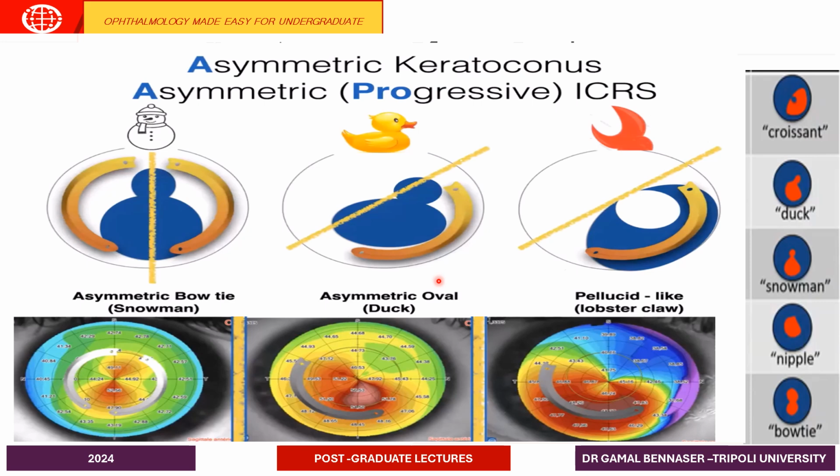So we can select the appropriate nomogram, and accordingly we apply the segments in relation to the coma axis. This is the coma axis, so that we will counteract the high order aberrations and improve the vertical coma, and the patient will have better quality of vision.